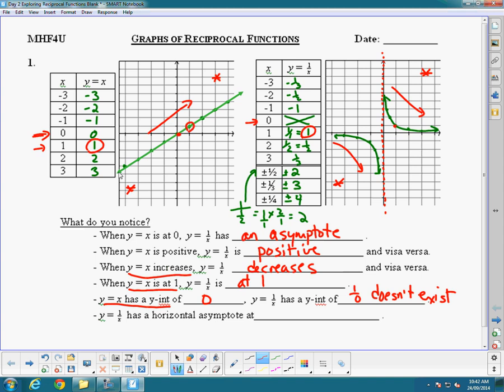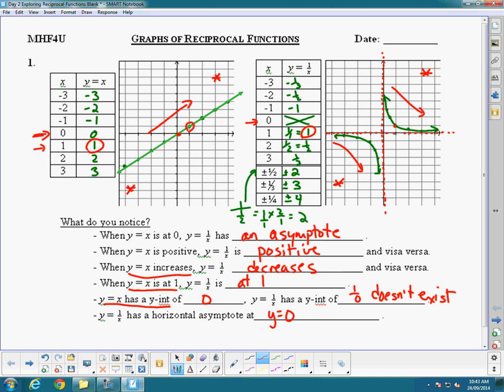And notice the last one, the graph here also not only has this vertical asymptote, but there's also a horizontal asymptote in the range. So y equals 1 over x has a horizontal asymptote at y equals 0. Why is that?